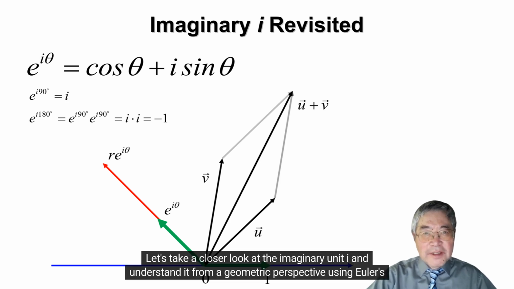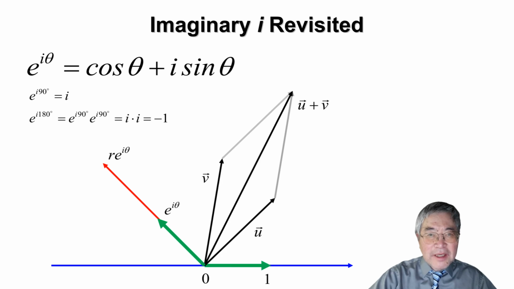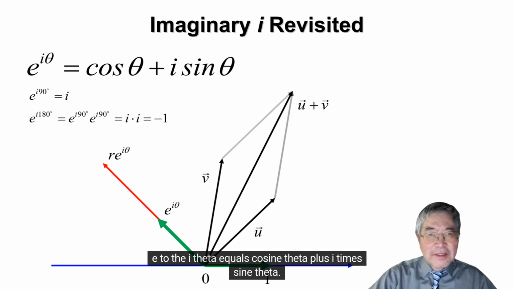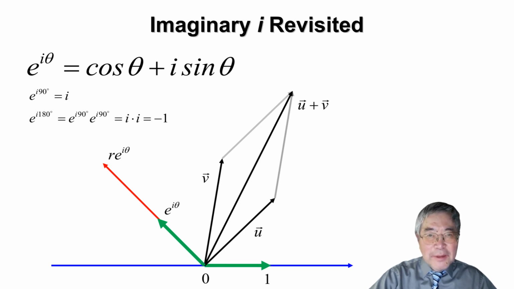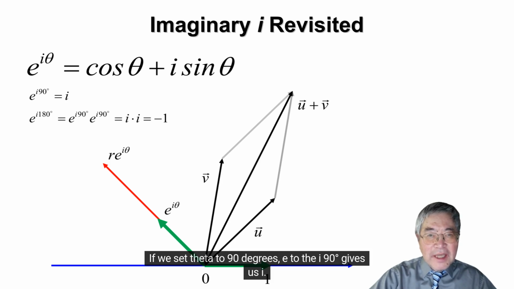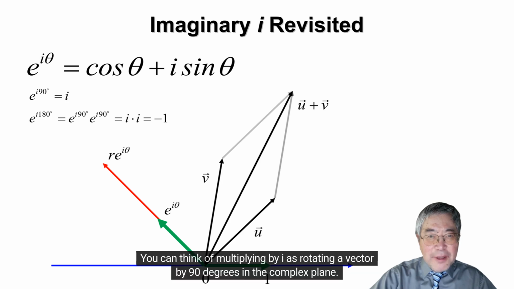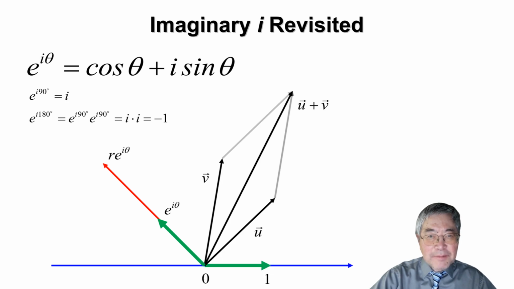Let's take a closer look at the imaginary unit i and understand it from a geometric perspective using Euler's formula. e to the i theta equals cosine theta plus i times sine theta. If we set theta to 90 degrees, e to the i 90 degrees gives us i. You can think of multiplying by i as rotating a vector by 90 degrees in the complex plane.